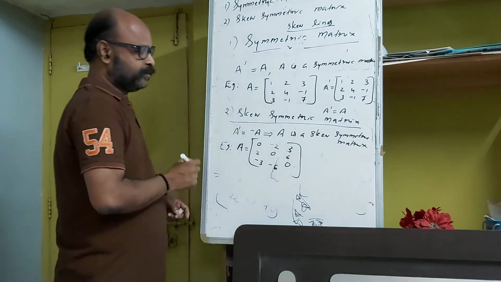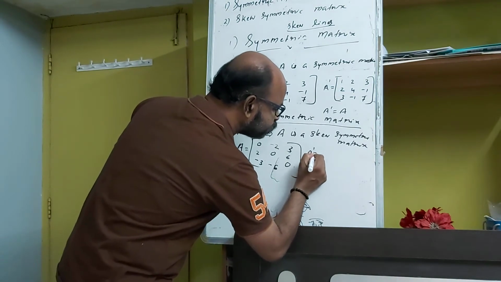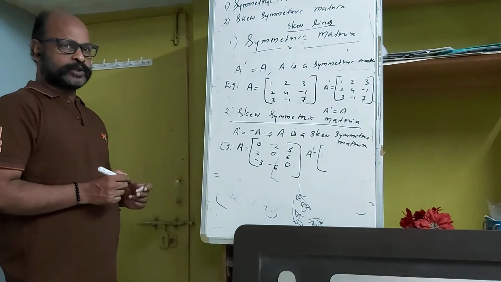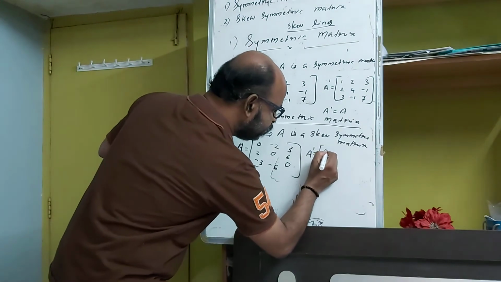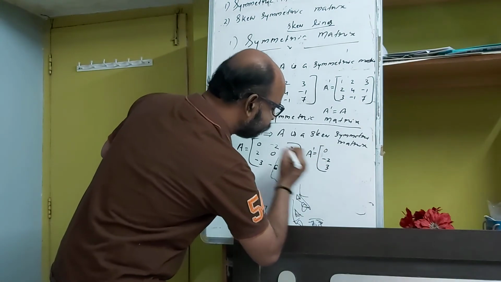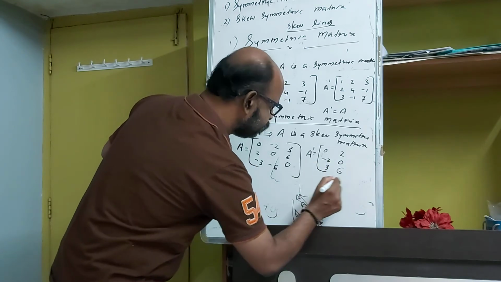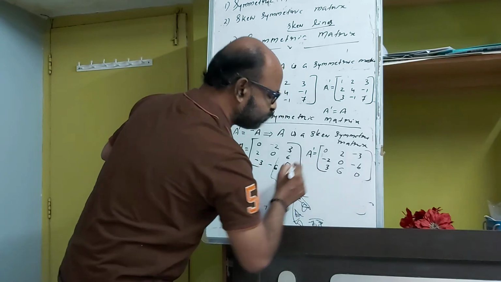Clear? Okay. Now we check whether A transpose is -A or not. For that we write A transpose. Write the first row, 0, -2, 3 as the first column, 2, 0, 6 as the second column, -3, -6, 0 as the third column.